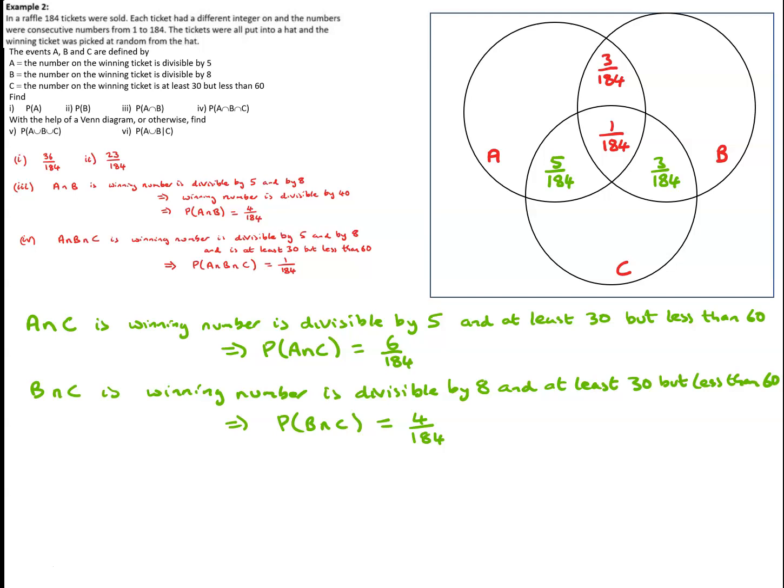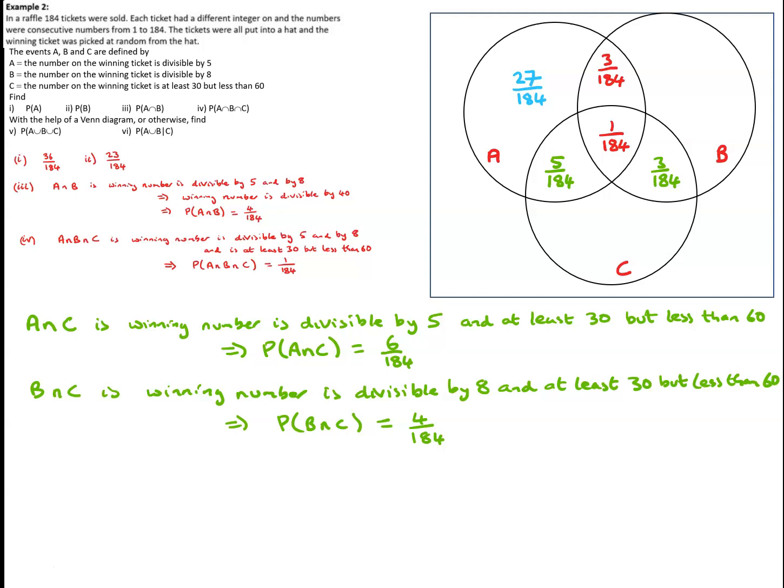Now, we know that the probability of A is 36/184ths. At the moment, we have got 3 plus 1 plus 5, which is 9/184ths there. So the remaining part of A must have a probability of 27/184ths.